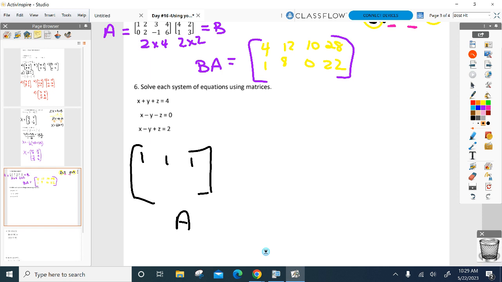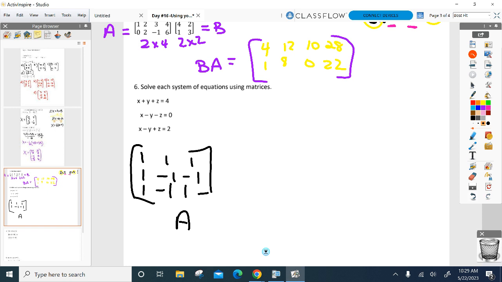This is matrix A. 1, negative 1, negative 1. Then 1, negative 1, 1. So there's matrix A. All I did was put the numbers out in front. I don't know why I put an X there. One job. How about 1, negative 1, 1?